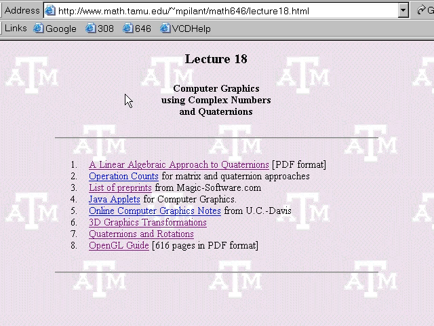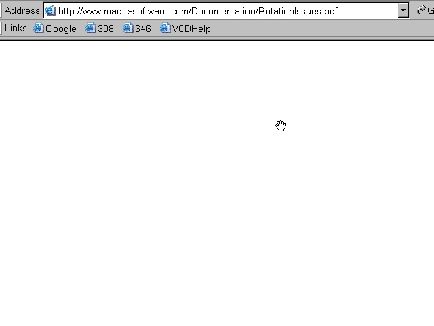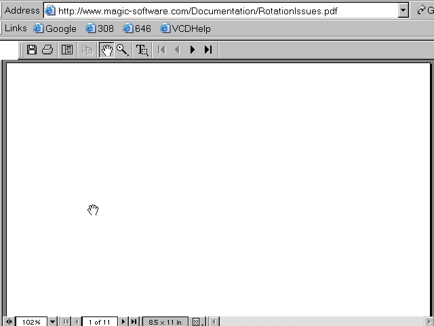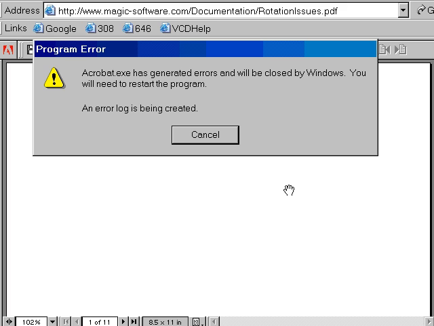Now, remember there was a controversy about why use quaternions whenever matrices are just as good. This guy has a whole technical report on operational counts.